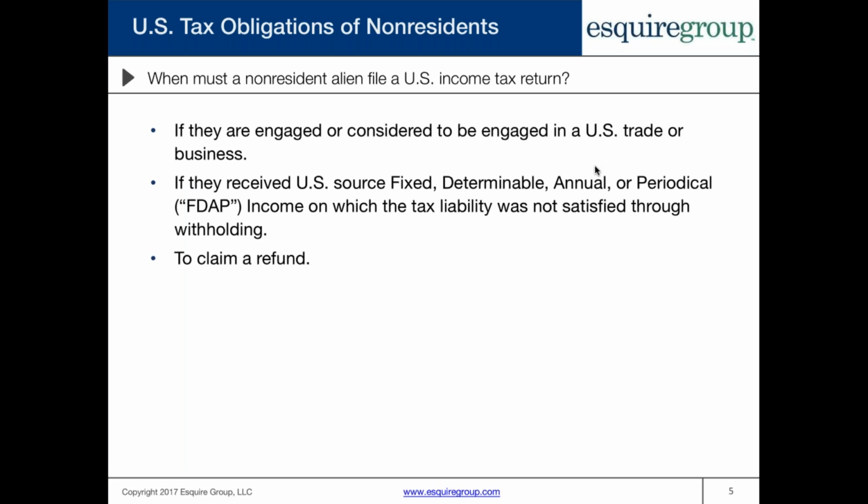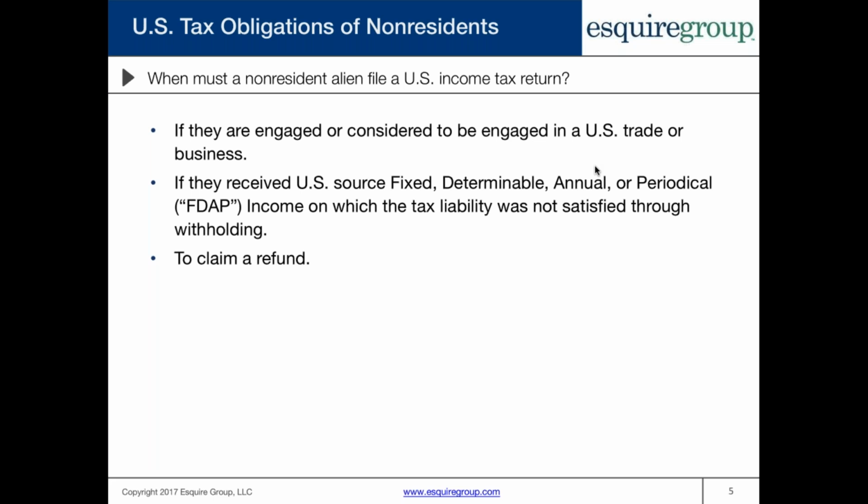So when does a non-resident alien have to file a U.S. tax return? There are generally 3 criteria, or 3 situations, in which a non-resident alien would be required to file a U.S. income tax return. The first would be if the alien was considered to be engaged in a U.S. trade or business, and we're going to talk more about what constitutes a U.S. trade or business.